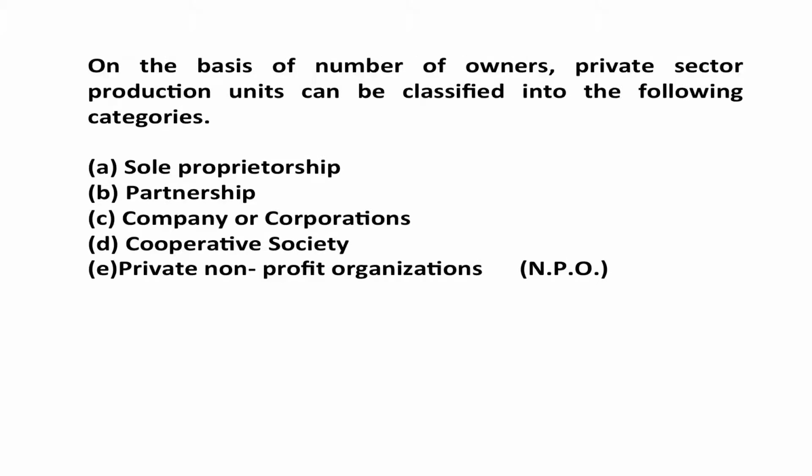On the basis of number of owners, these private sector production units are further classified into first, sole proprietorship, second, partnership, third, company or corporations, and fourth, cooperative societies, and fifth, private non-profit organizations or NPOs.